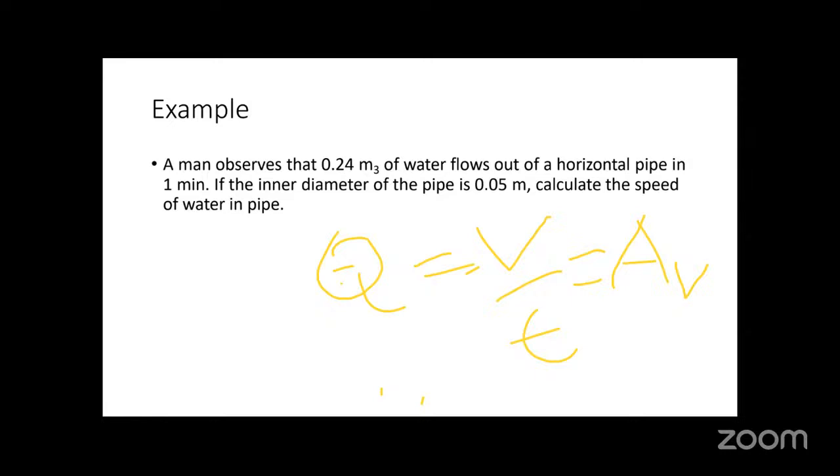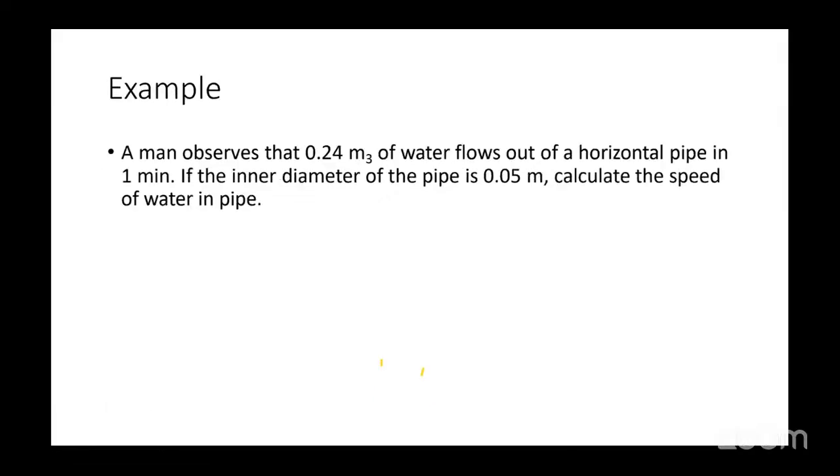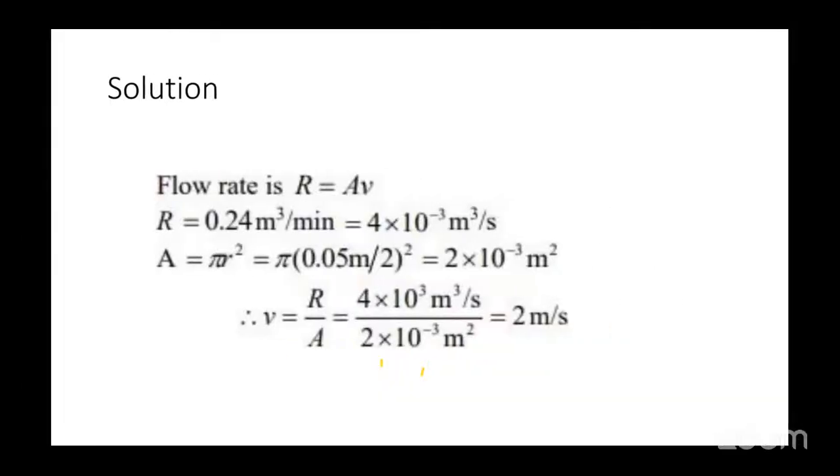Then the speed, we are asked to find the speed. So if we substitute those values, 0.24 over 60, and that will give us Q. So when we have our value for Q, we divide our Q by A, and that will give us our velocity.